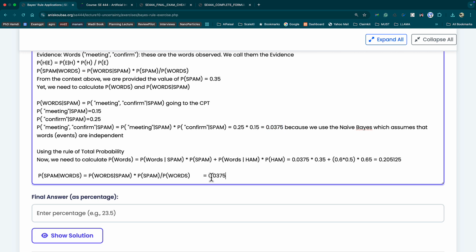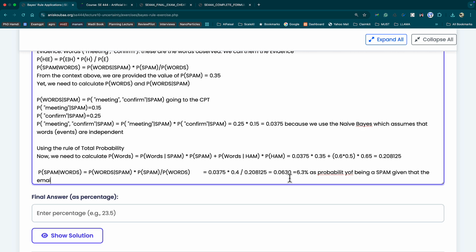This value multiplied by 0.4 divided by, this is 8, divided by this, and this is going to give you 0.0630, which is like 6.3% as the probability of being spam, given that the email contains these words, meeting and confirm.